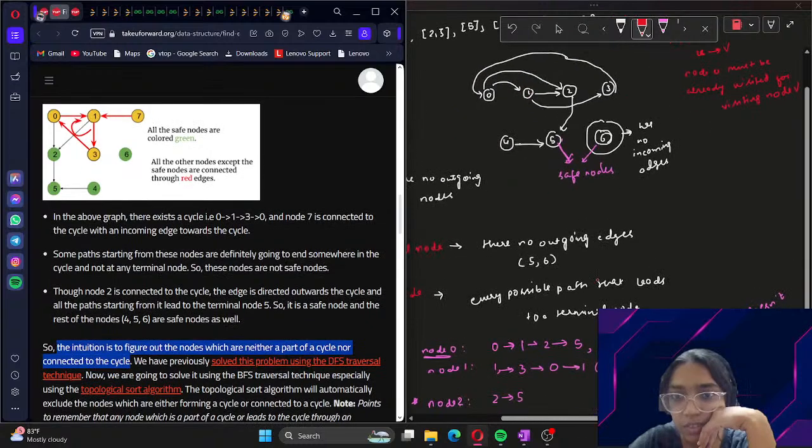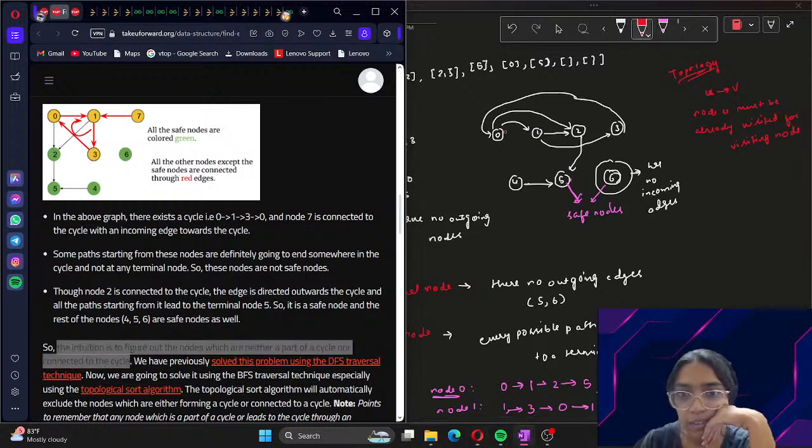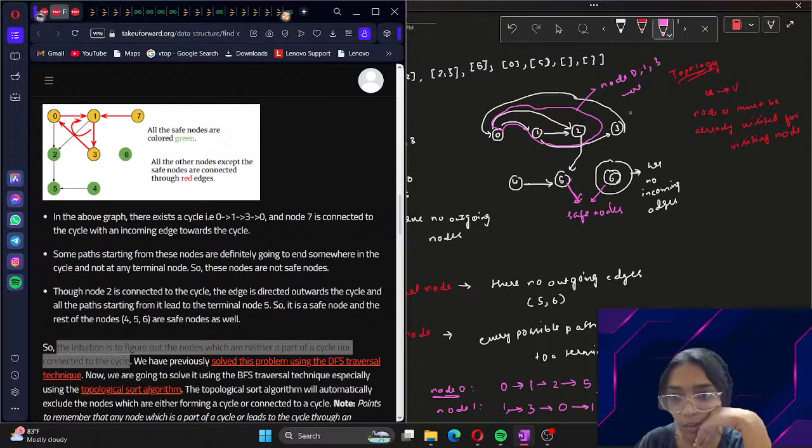Okay, so here we did figure out that this path was leading to a cycle. So nodes 0, 1 and 3 were not considered.